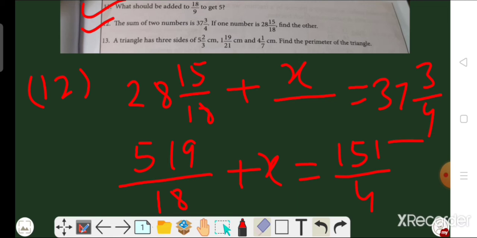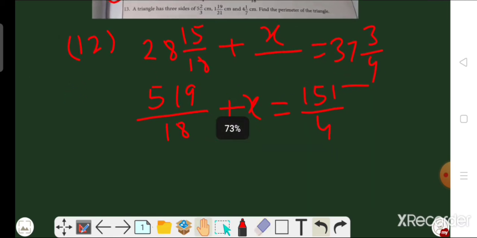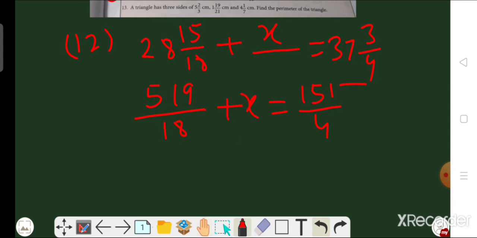Okay. Now we have to find the value of x. Same like the 11th question, to find the value of x we have to move this part toward the right side of equality. Okay. So from here we can say x is equal to 151 by 4 minus 519 by 18.